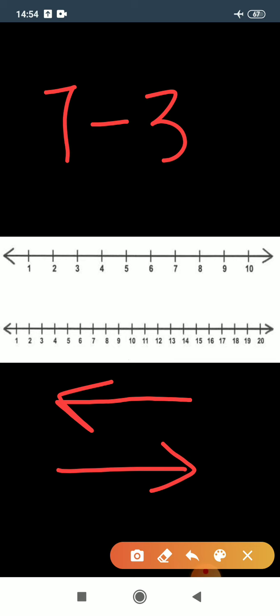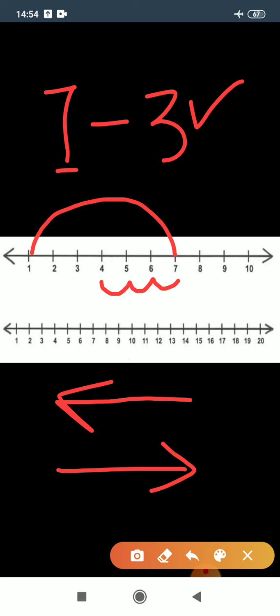Let's see, my first number is 7. So my first jump is on 7. Okay, and we need to subtract 3. That means we need to come back from this 7. By how many steps? Yes, by 3 steps. So 1, 2, 3.